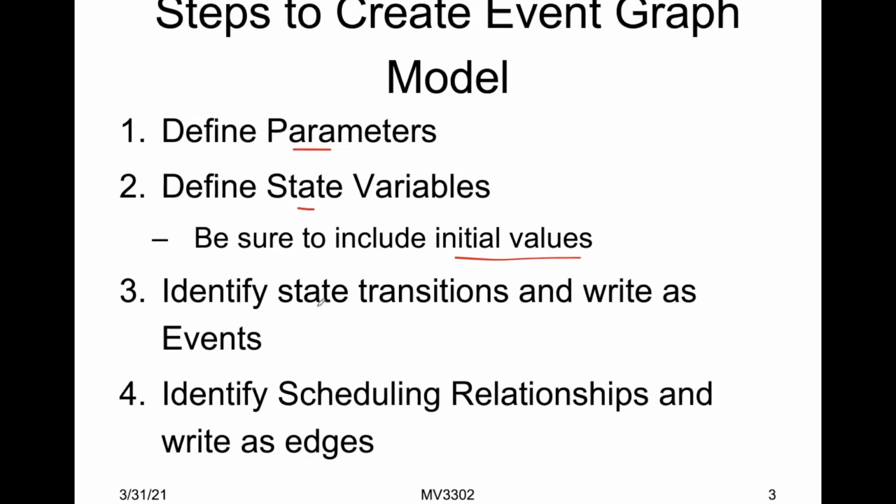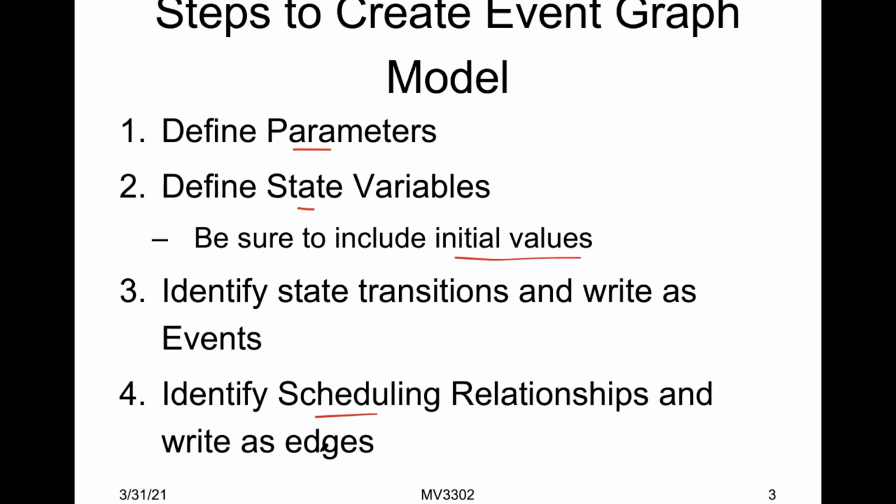In other words, identify all of your state transitions and write them as events. That is, try to sit down and figure out, okay, what are all the possible changes, state transitions, that each state variable can make? And for each of those, write that as an event. And do that before you try to draw any arrows. And then only when you've written all of the events do you identify the scheduling relationships and write those as edges, that is, arrows between one event and the other.